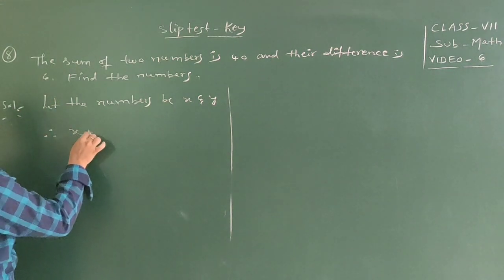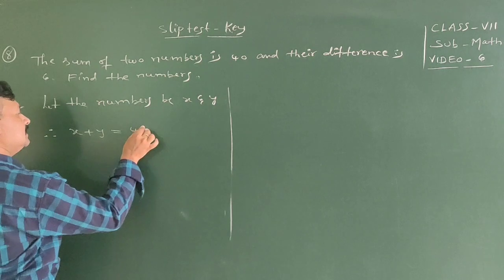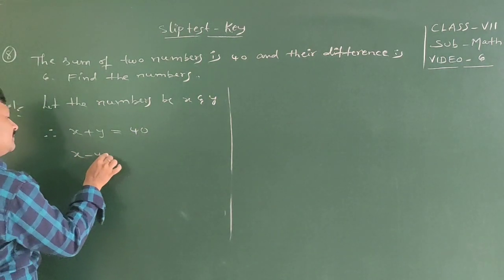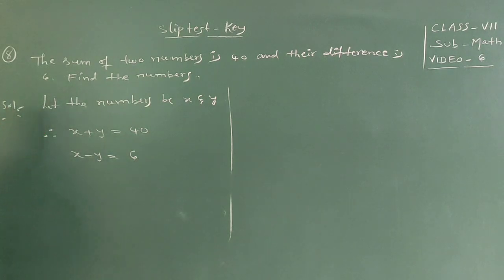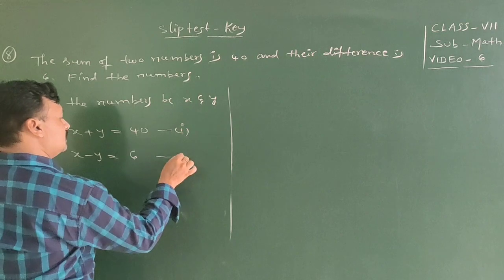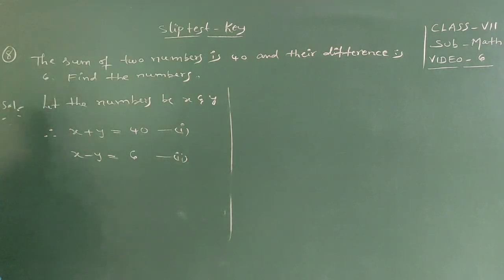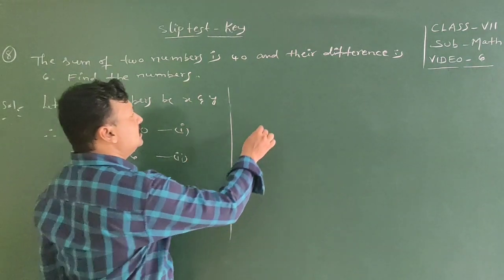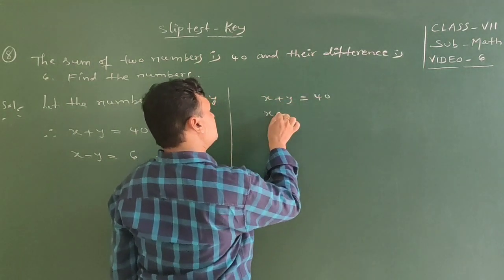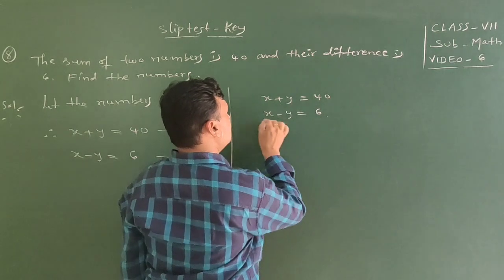Therefore, the sum of x and y is 40 and the difference of the numbers is 6. This is the first equation and this is the second equation. Here x plus y equal to 40 and x minus y equal to 6.